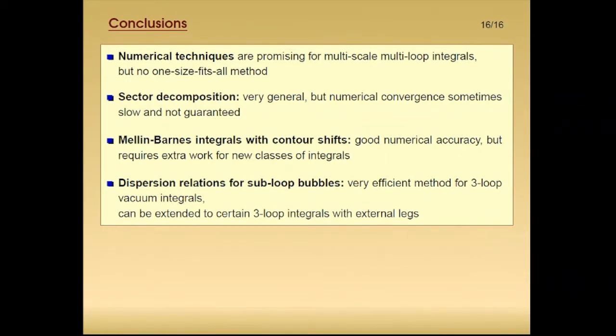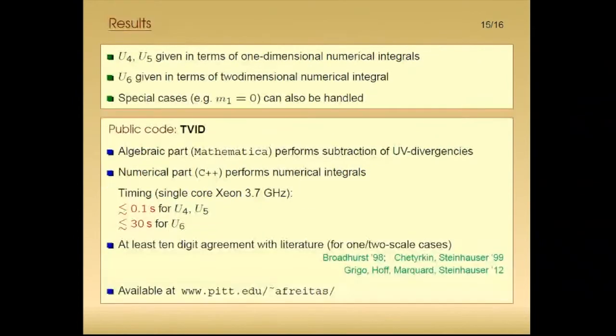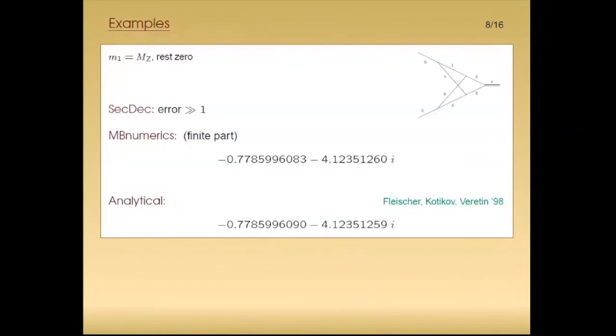Could you go back to slide 8, please, where we had this problem integral? Yes. As you correctly identified, the problem is indeed that one of the internal masses is exactly the same as the x scale, and this means that the F polynomial goes like minus n z x something plus n z.